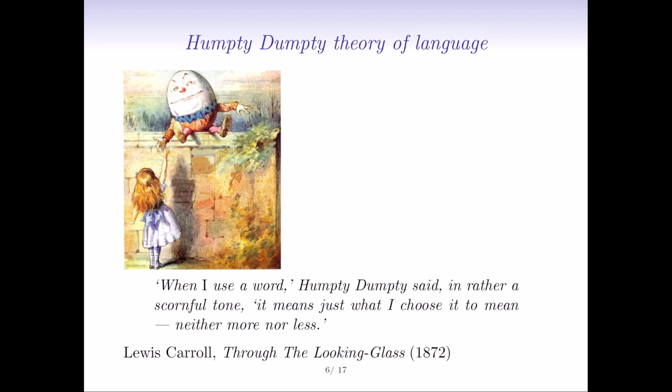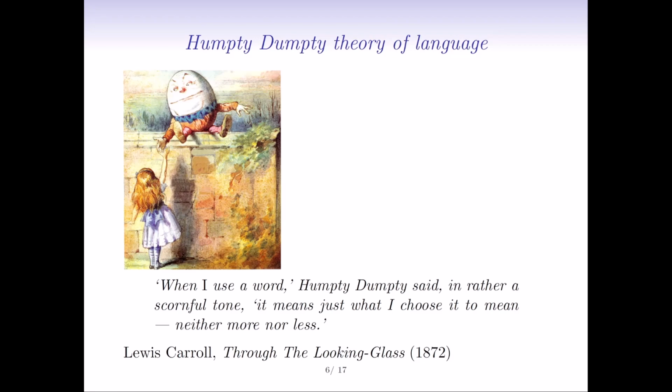So anyway, in Through the Looking Glass, Alice, who's our heroine, goes through the magic mirror and meets an array of colourful characters, including this guy, Humpty Dumpty, who's very argumentative and very awkward. And here's a quote from the book.